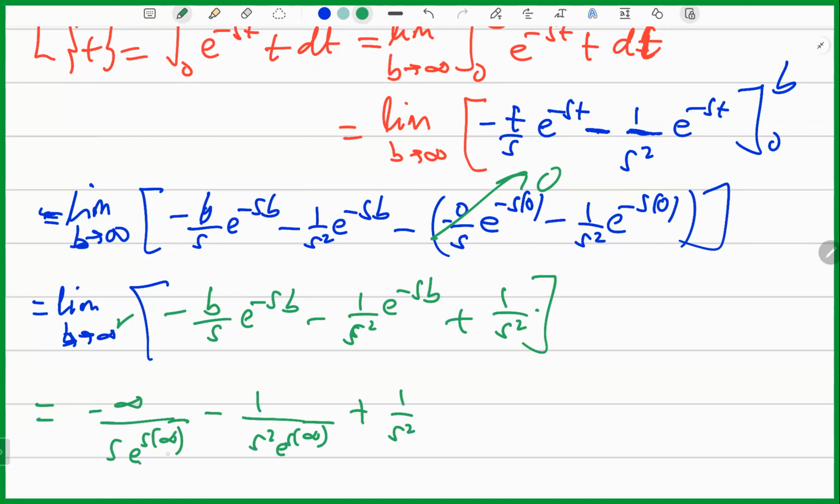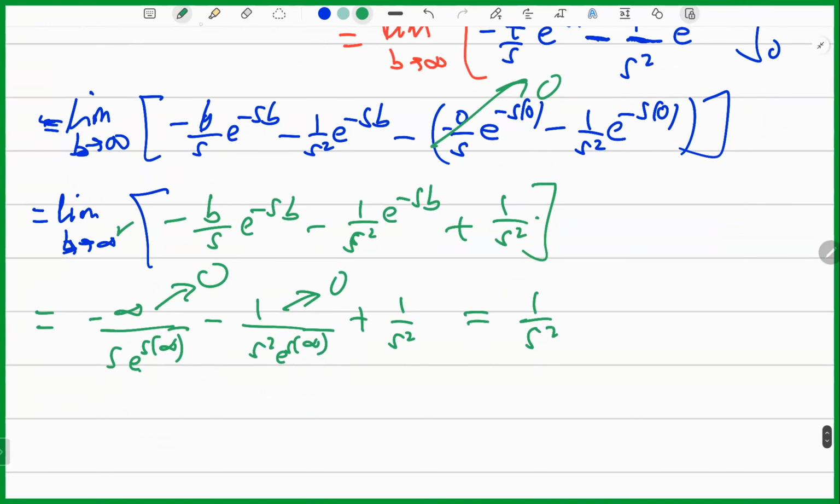So s times infinity, this one is going to tend to 0, and this one is going to tend to 0, and then you're only left with 1 over s squared. Because the denominator becomes infinitely large. If you divide 1 by infinity in mathematics, the result becomes 0. So only left with this.